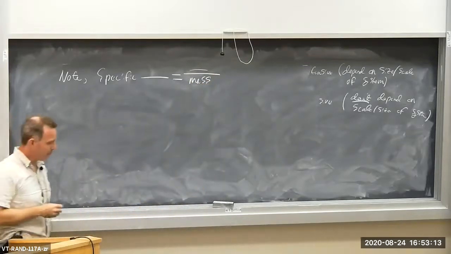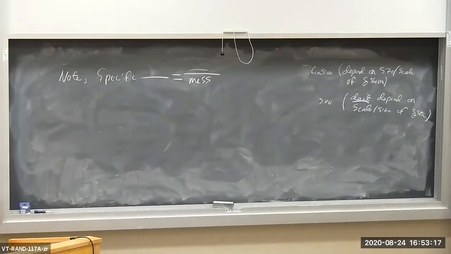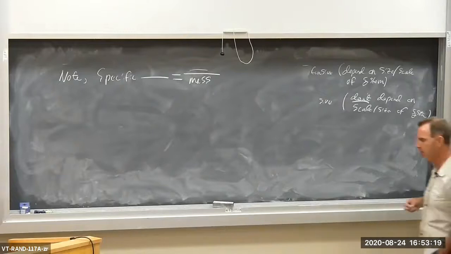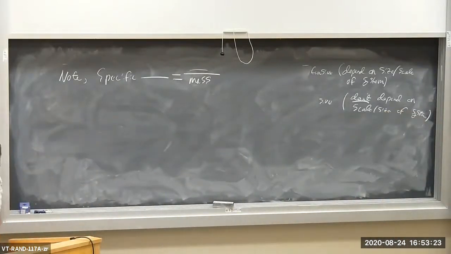Okay? Specific anything is that thing divided by mass. So specific energy is energy of the system divided by mass.